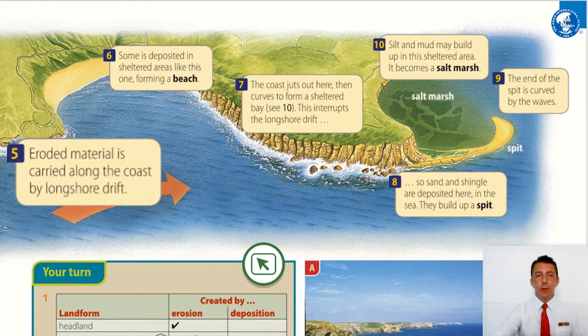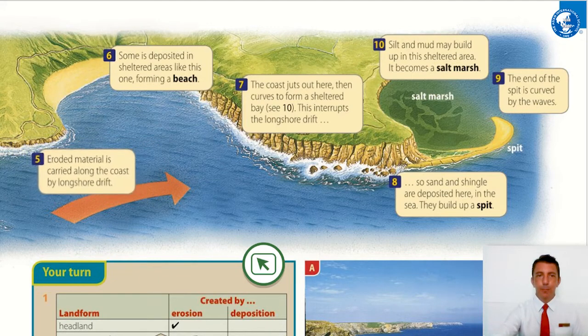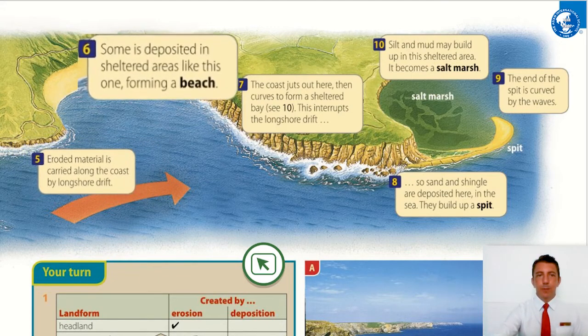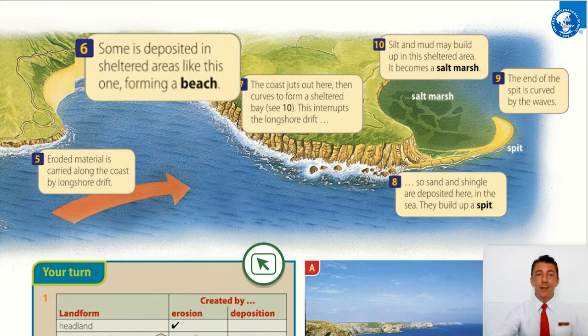So the eroded material is carried along the coast by longshore drift. We studied about longshore drift last week. Some of that material, that sand, is deposited in sheltered areas like this one, forming a beach.